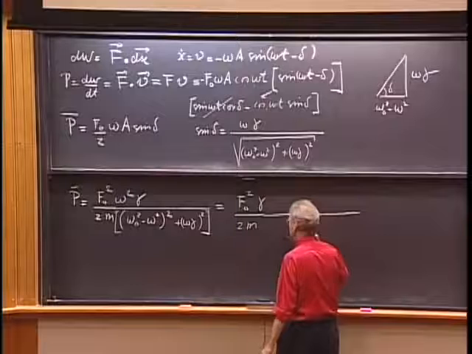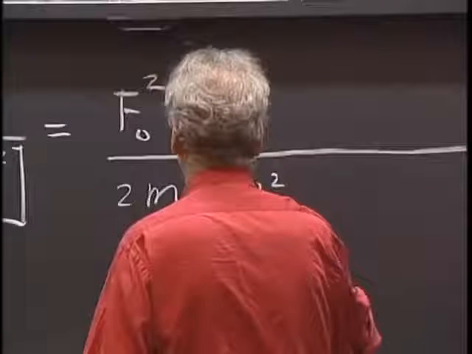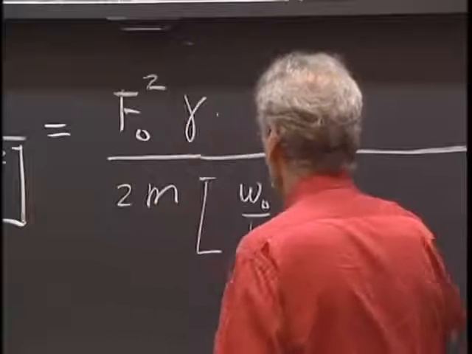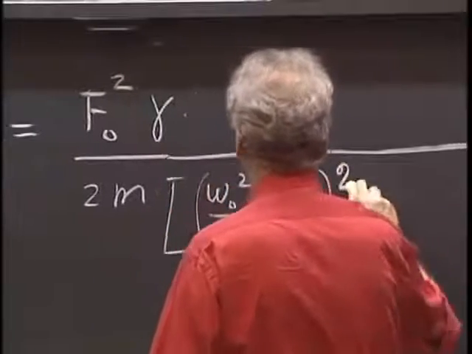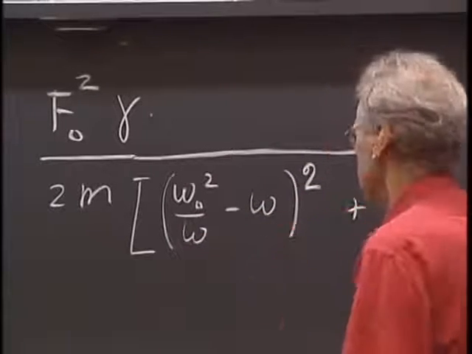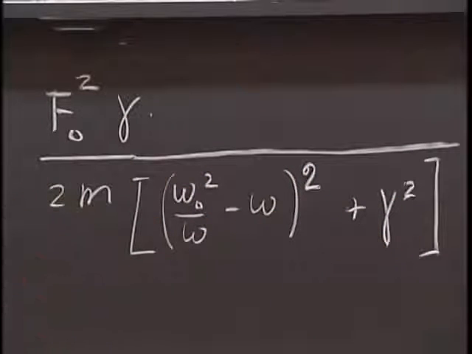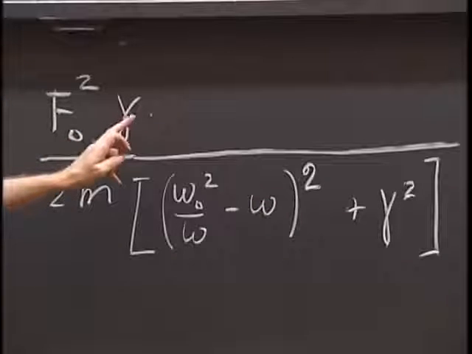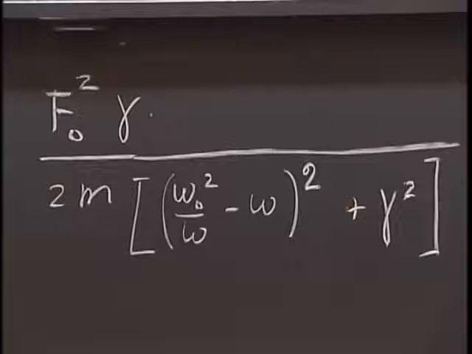And then I get here omega 0 squared divided by omega minus omega squared plus gamma squared. That's what I get. That's not the only way you can write it, but that's one way you can write it. Let me check that. I have F0 squared, I have gamma, 2m here, and we have this downstairs.